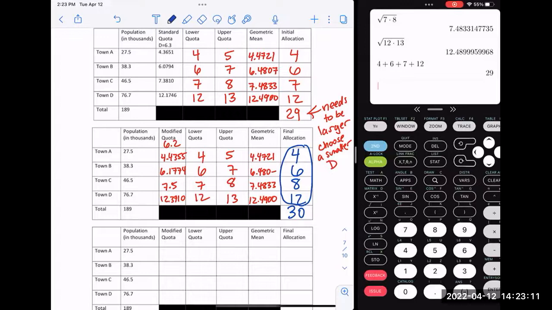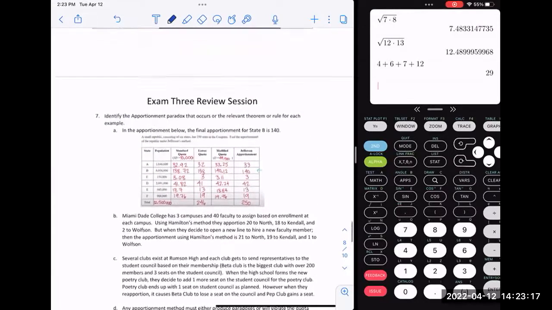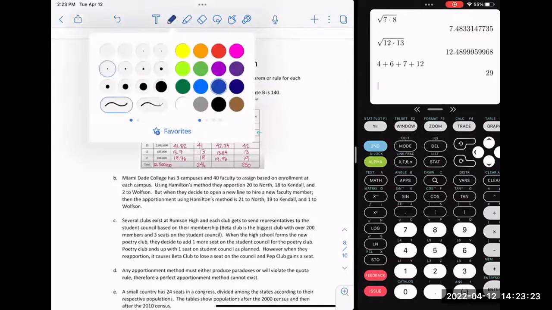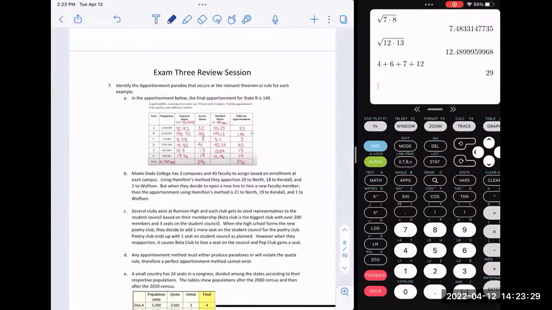So the last thing I have is our apportionment paradoxes and our theorems. This is not on your reference sheet, so you do need to know these. Just to make a quick list of all these, there's the Alabama paradox, the population paradox, and the new states paradox.